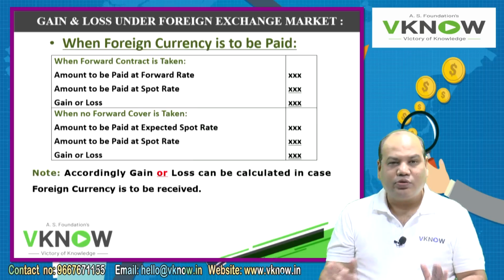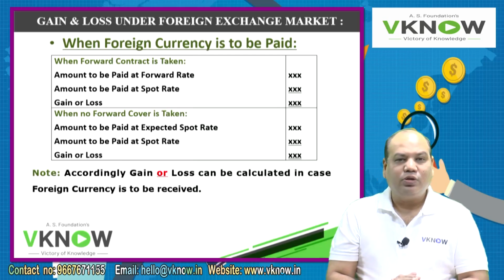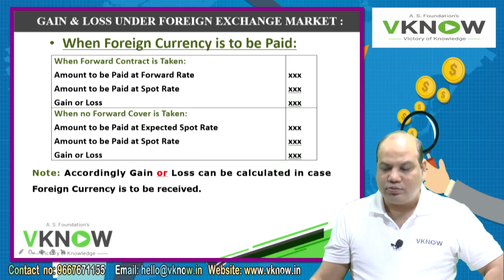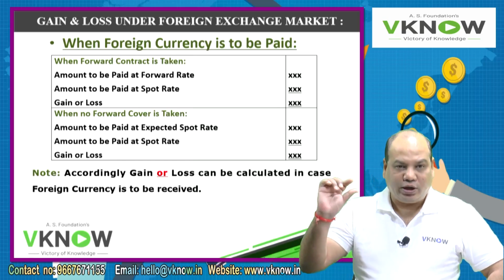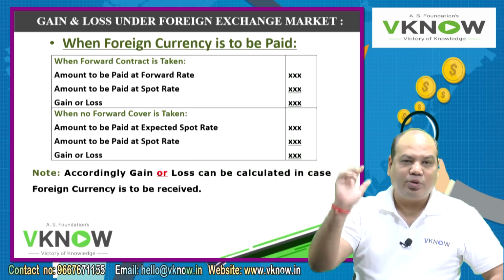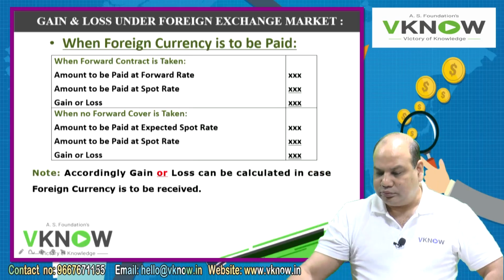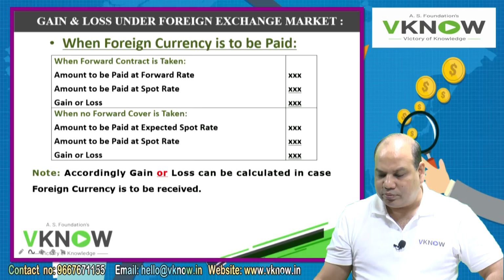And they will also ask you to evaluate the gain or loss if he does not hedge. Suppose he does not hedge, his choice, he may not hedge. Then in that case, we will calculate the expected spot rate. This expected spot rate is given to you in the problem.